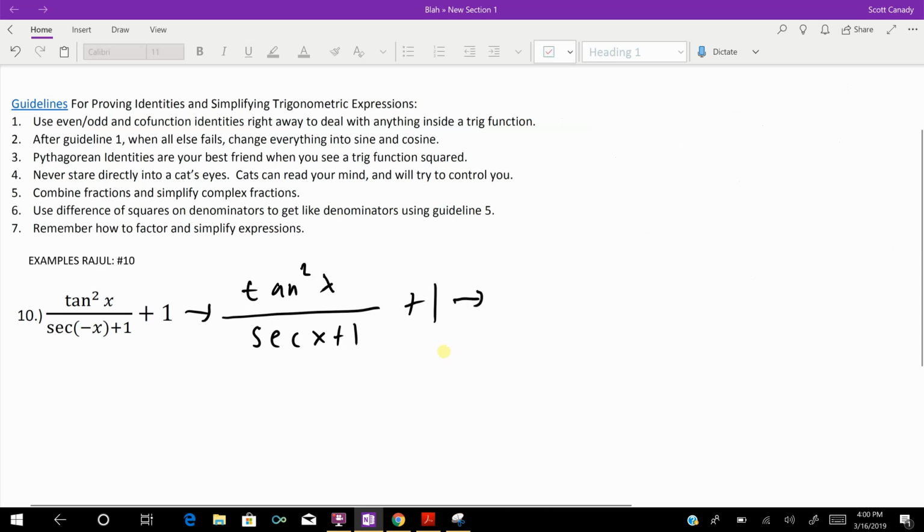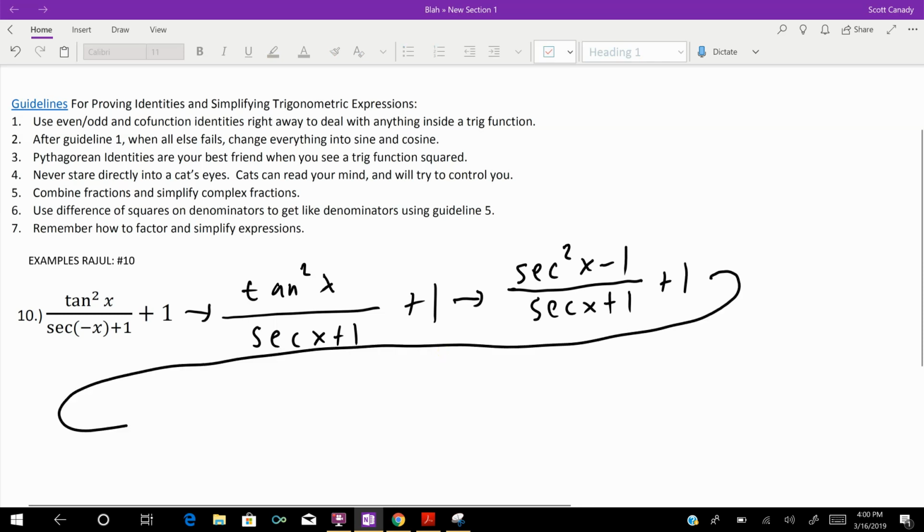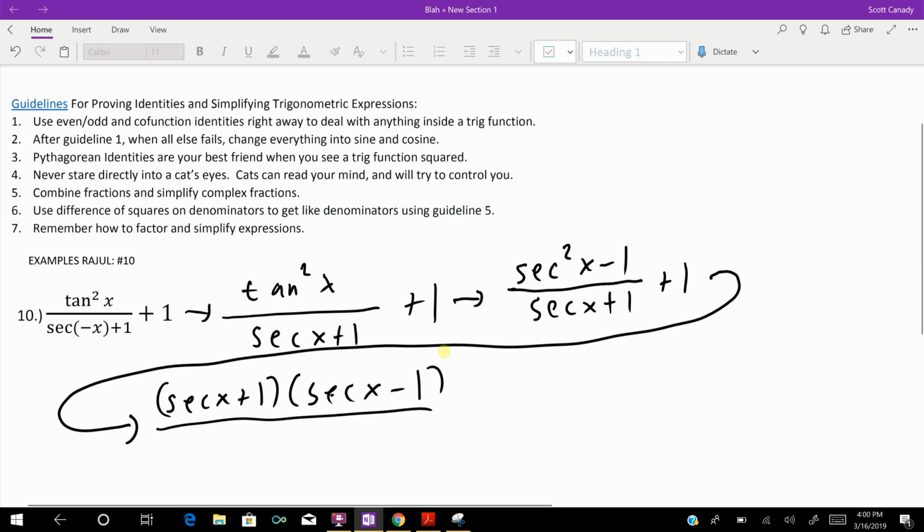All right, using my Pythagorean identity, tangent squared x becomes secant squared x minus 1 over secant x plus 1 plus 1. Now I'm going to use difference of squares to simplify that even further. That's going to become secant x plus 1 times secant x minus 1 over secant of x plus 1 plus 1.